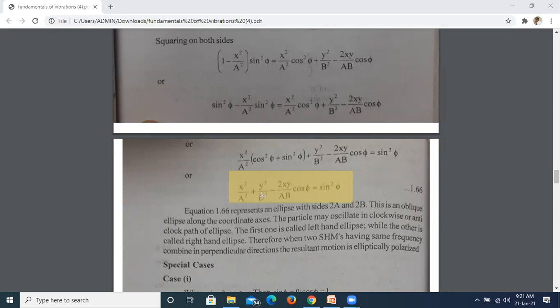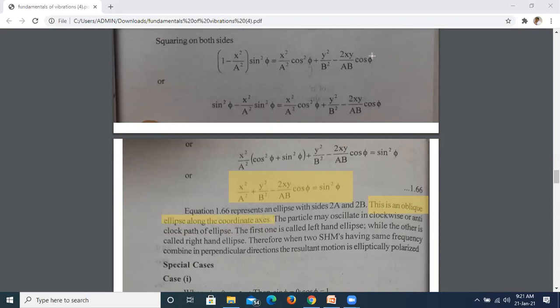Then the resultant motion of the particle is x square by a square plus y square by b square minus 2xy by ab cos phi equals sin square phi. This equation represents an oblique ellipse along the coordinate axis.